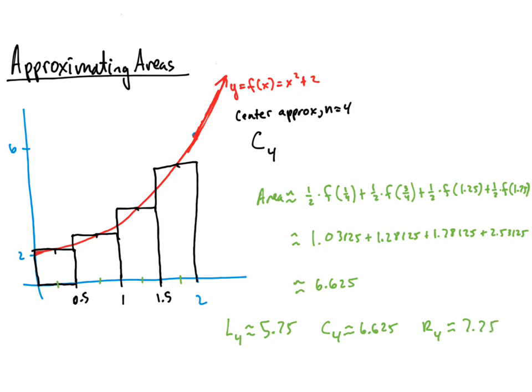Okay, so we don't yet know how to find the exact value of the area under the curve, but the actual area is 6.66 repeating. So this center approximation is actually pretty good, depending on how close we want it to be to the actual area. But it's safe to say that the center approximation is the best of these approximations.